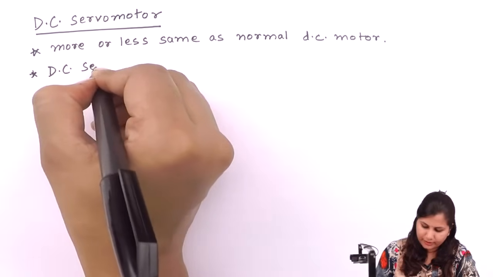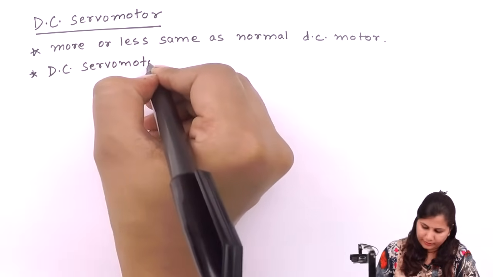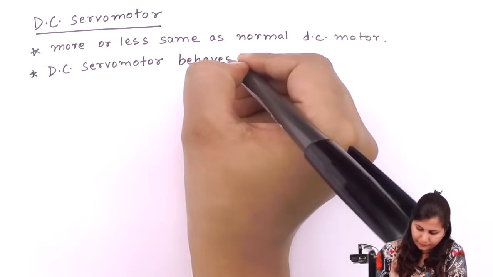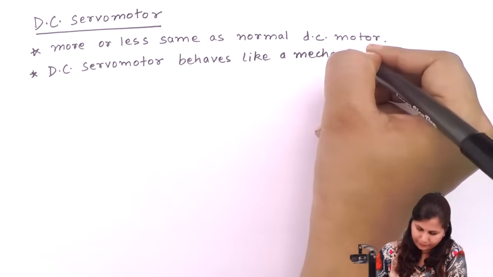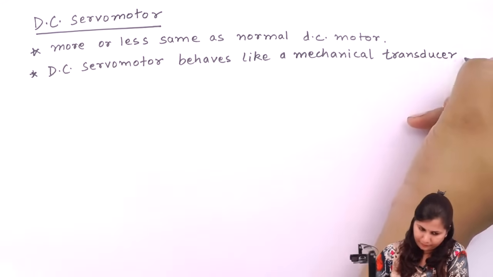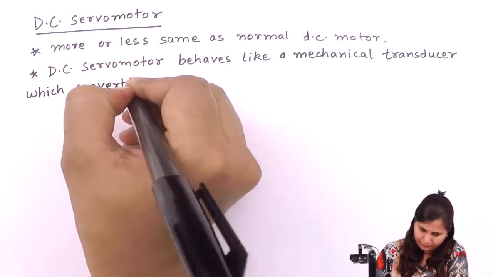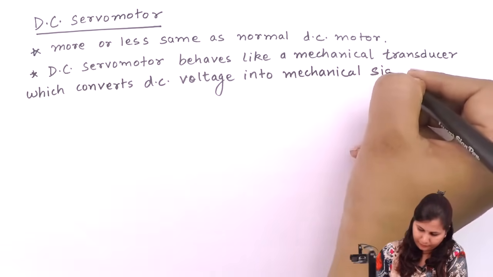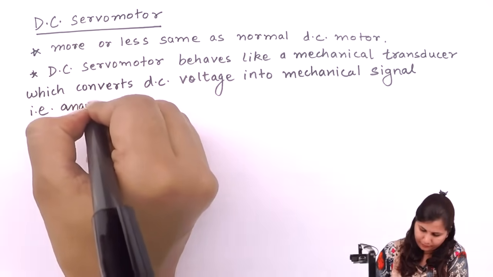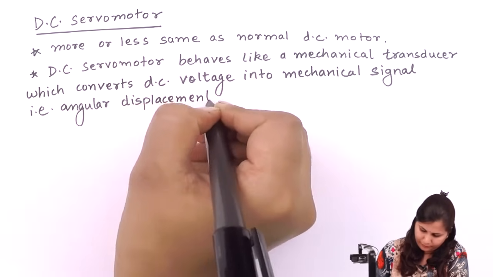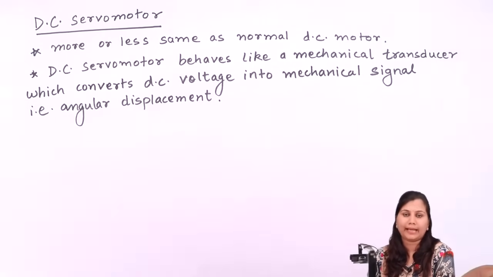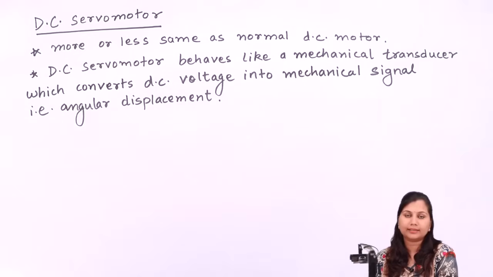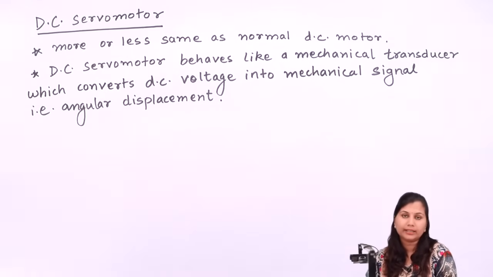The DC servo motors behave like a mechanical transducer, and this transducer is converting the DC voltage into a mechanical signal, and this mechanical signal is the angular displacement.